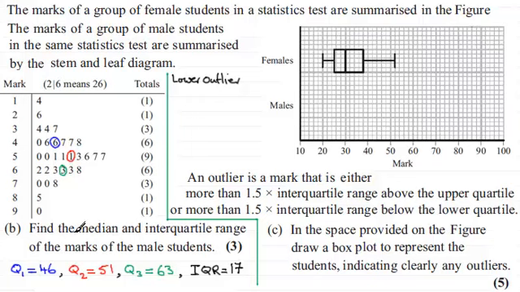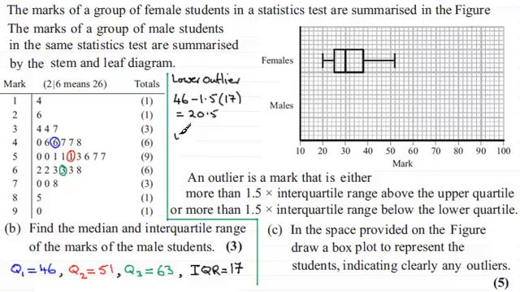And so I'm going to take 46 and from this subtract 1.5 times the interquartile range, which was 17. And if you work this out, you end up with 20.5.